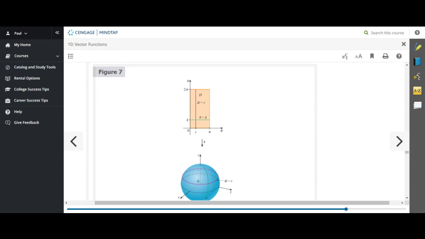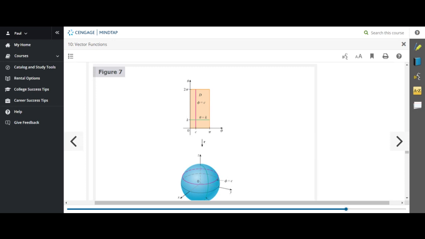So that's your domain for this vector equation, because notice phi on the horizontal axis is phi in Figure 7, the first picture there.